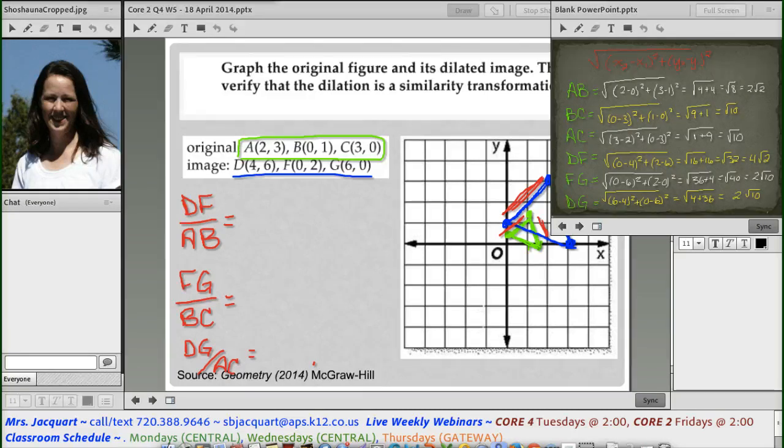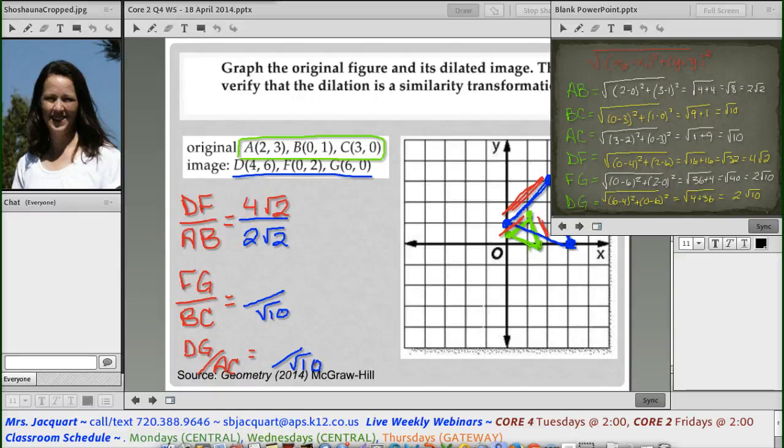Okay, so now we're going to use these numbers and set them up on the other side in our fraction parts. So AB is 2 square root 2. BC is square root 10. AC is square root 10. DF is 4 square root 2.